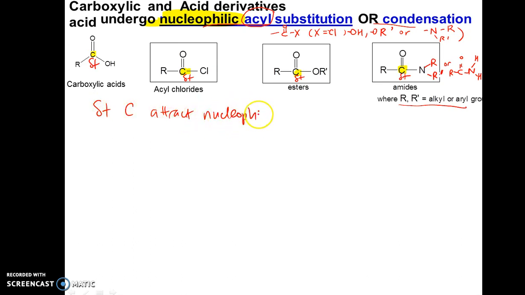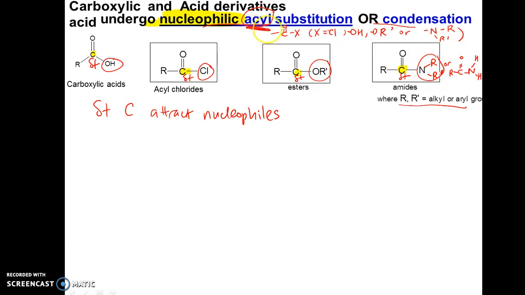As I mentioned, you always put yourself in the shoes of the functional group. Ask yourself, if you are that functional group, what do you attract? If you attract nucleophile, then that functional group undergoes nucleophilic reaction. And why substitution? Because the OH, this group I'm circling now, can be substituted with another nucleophile.